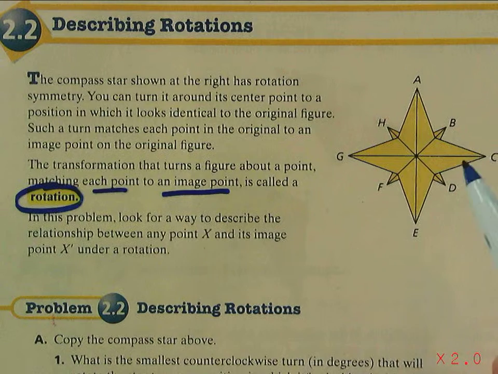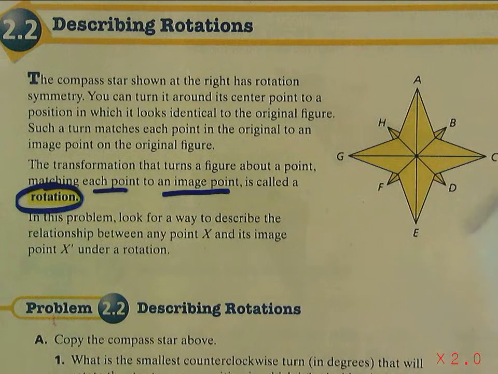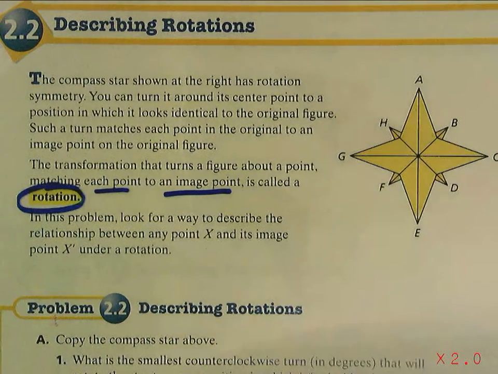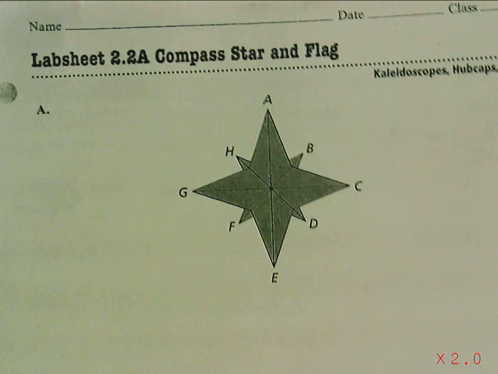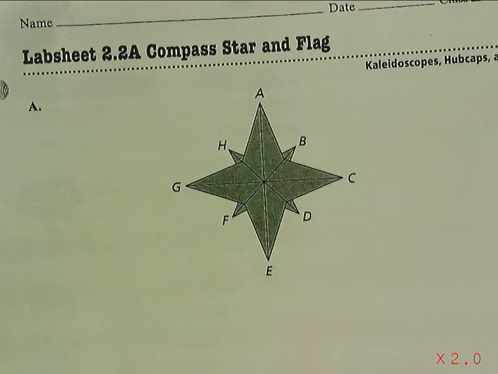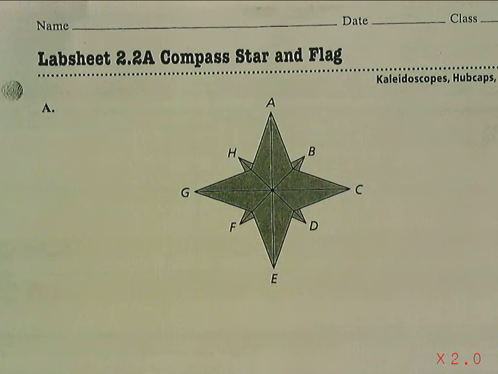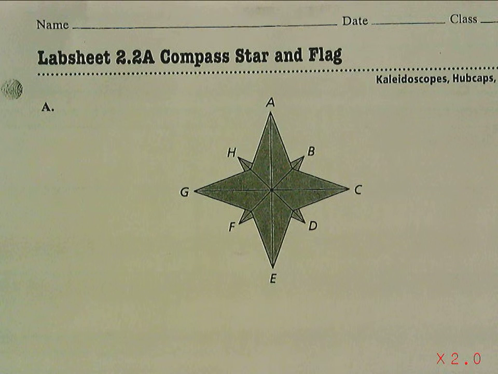For the first part of this problem, it says to copy this image, the star, and then we're going to do some things to it. We're going to take the lab sheet that goes with this, lab sheet 2.2A, which already has that copied for us, and use it to answer questions. The first part asks for the smallest counterclockwise turn in degrees.